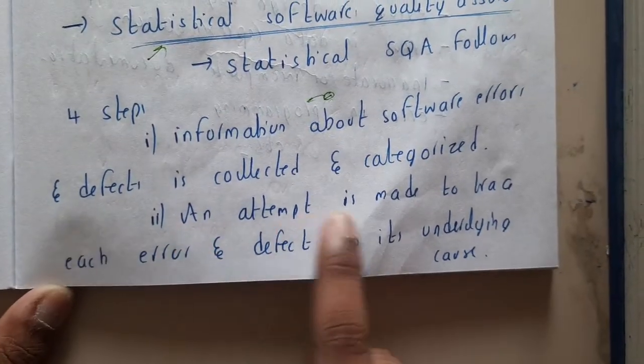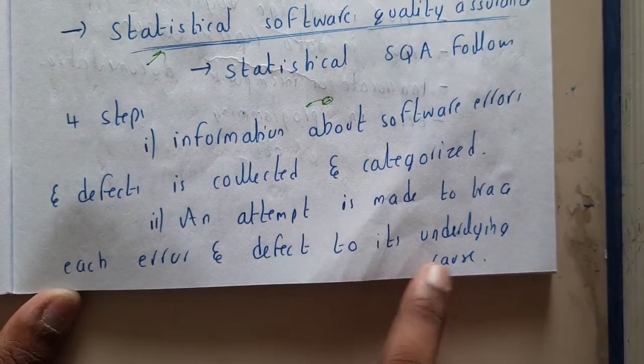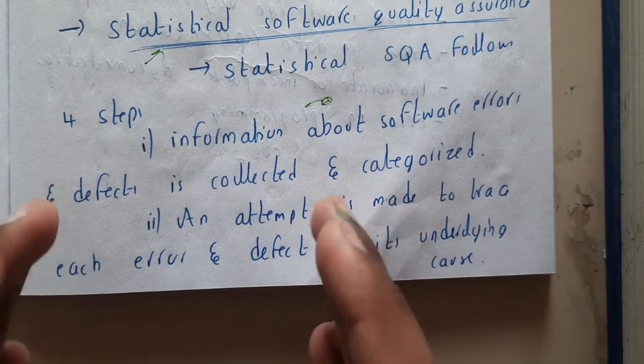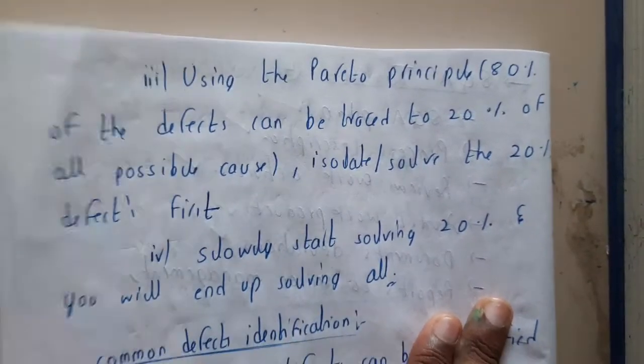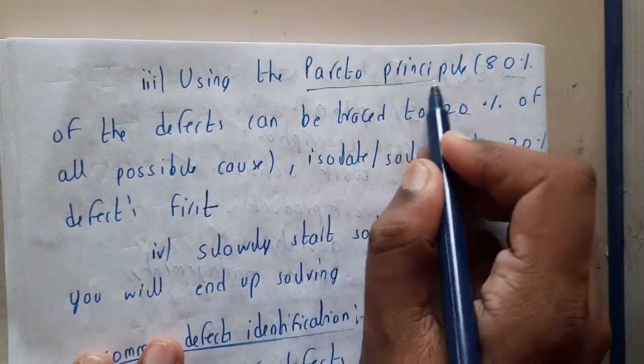An attempt is made to track each error and defect to its underlying cause. So they will be analyzing what caused the error or the issue to occur. Once they are done with that, there is a popular principle known as the Pareto principle.